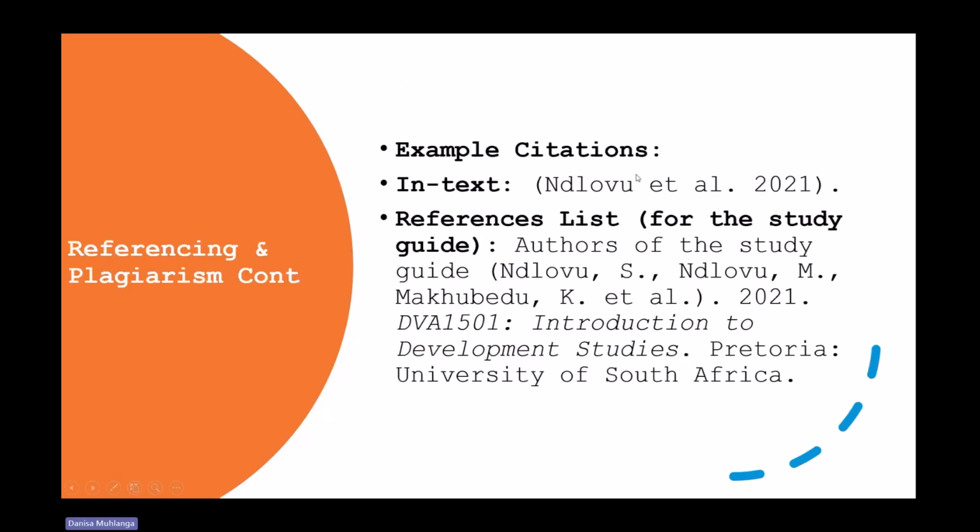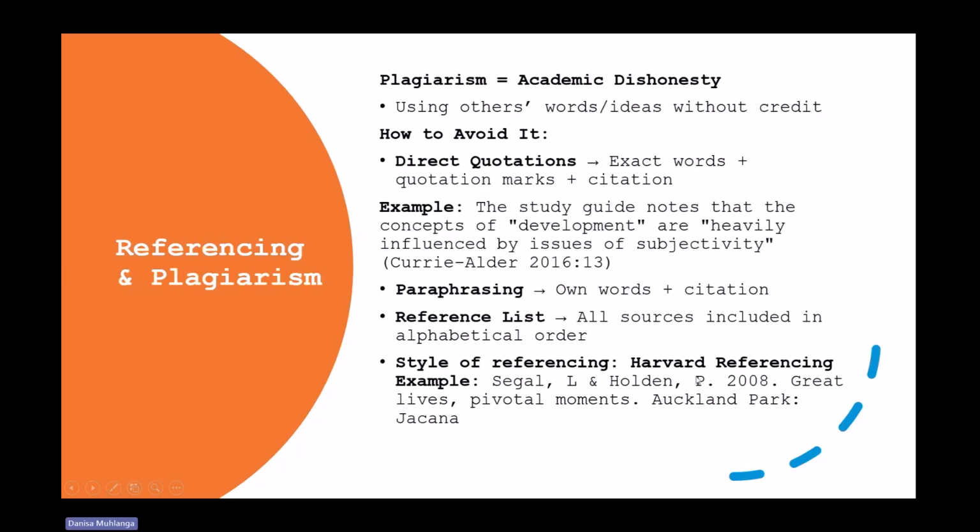So someone can ask, what's the difference between in-text citation and referencing? With both of these, you are acknowledging the authors, ne? But they are different. In-text is inside the text, ne? Remember, this is inside the text. So you can even say, according to Kara Alda 2016-13, the study guide notes that.